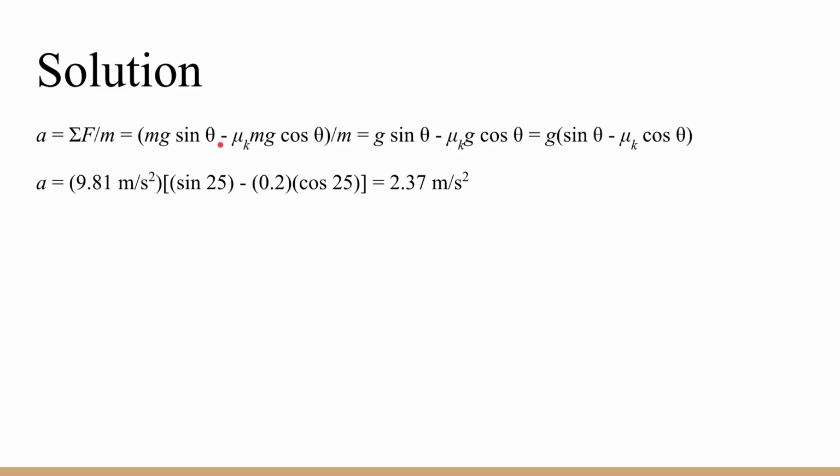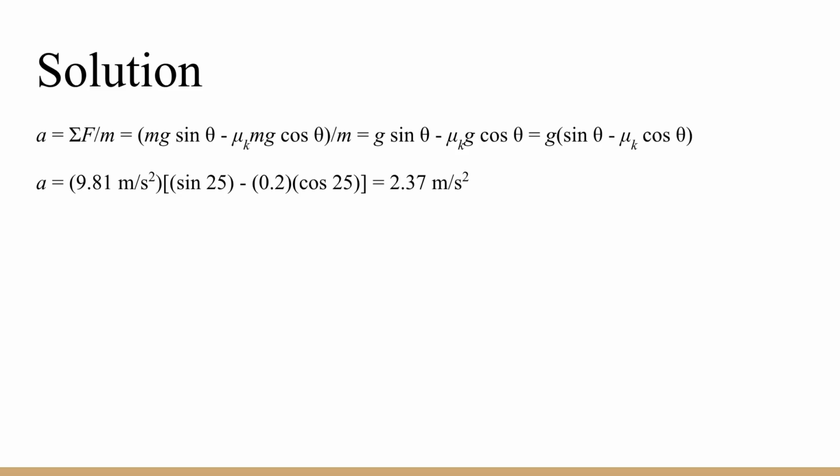So what I did was I factored out the m. That means this m and this m cancel out. That means a will equal g times sine theta minus mu k times g cosine theta. And if you really want to factor out the g, you get g times the quantity sine theta minus mu k cosine theta.